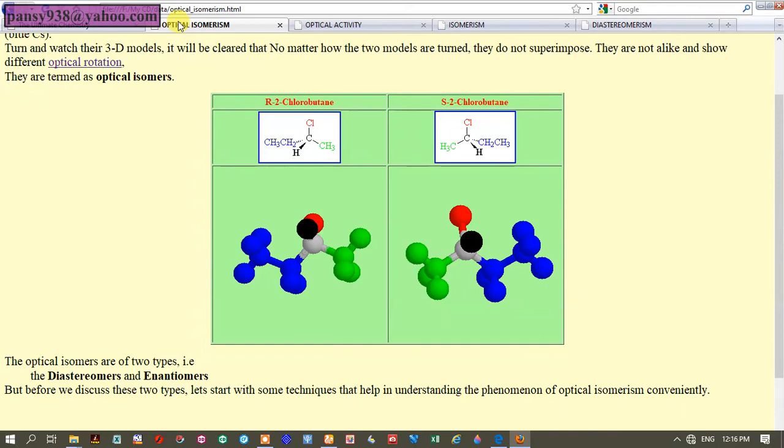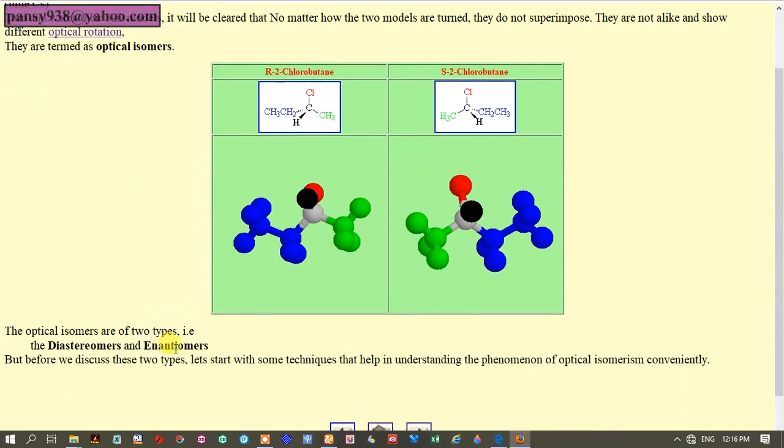It means that enantiomers are mirror images of each other like this one, while diastereomers may not be mirror images of each other.